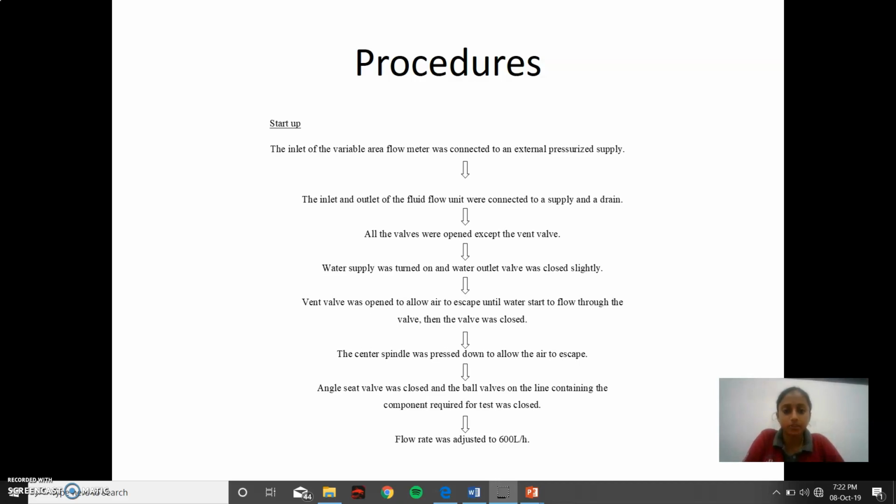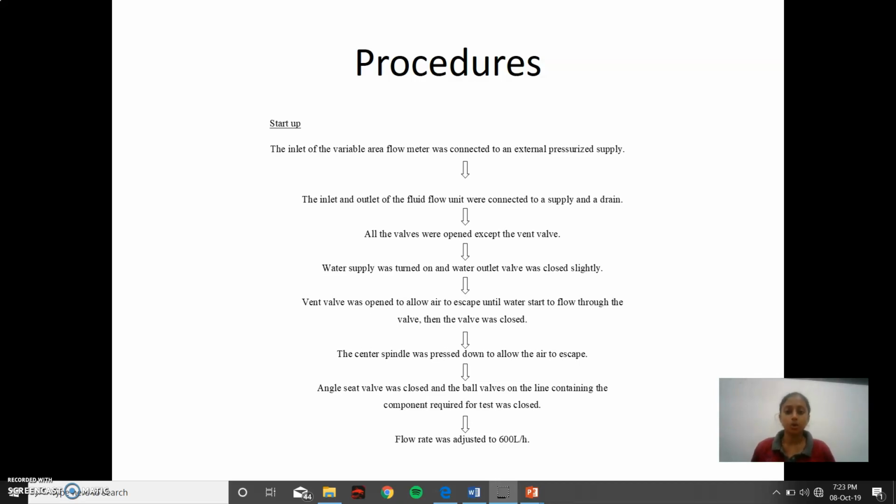Now I'll explain the procedures, the results and the sample calculation. So for the startup procedures for both experiment 3 and 4, they have the same procedures. First, the inlet of the variable area flow meter was connected to an external pressurized supply. Then the inlet and outlet of the fluid were connected to a supply and drain.